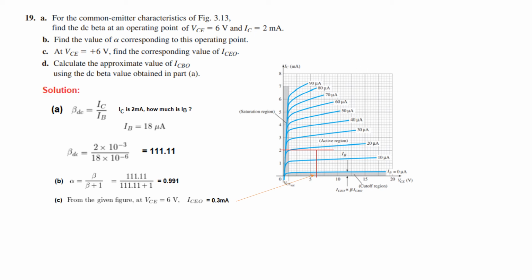Because it is the IC leakage current, we look at the IC scale, and from here it is about 0.3 milliampere. And finally, for ICBO, this is the formula that we'll be using. ICEO we have got from here, alpha we know, and so ICBO is 2.68 microampere.